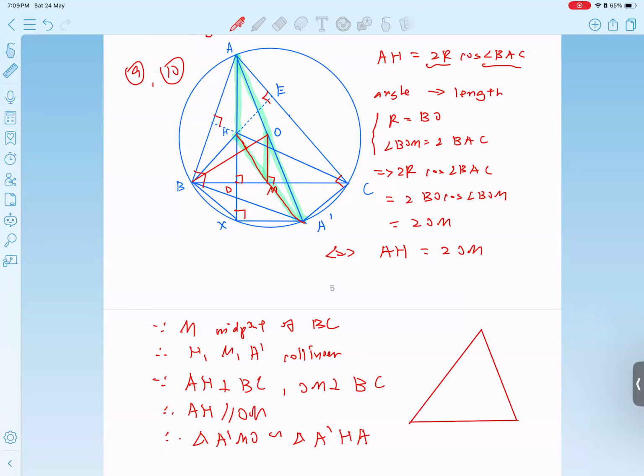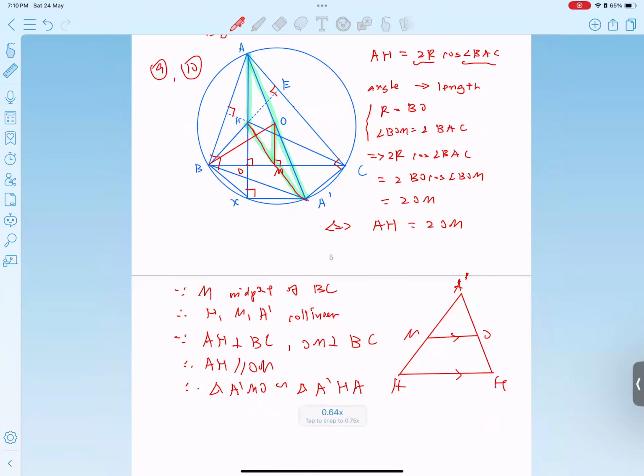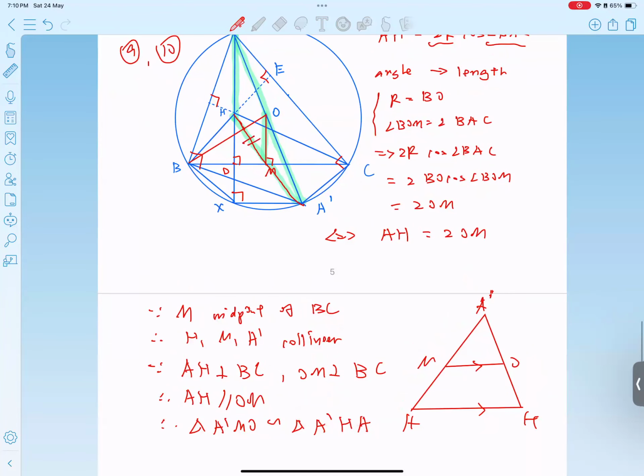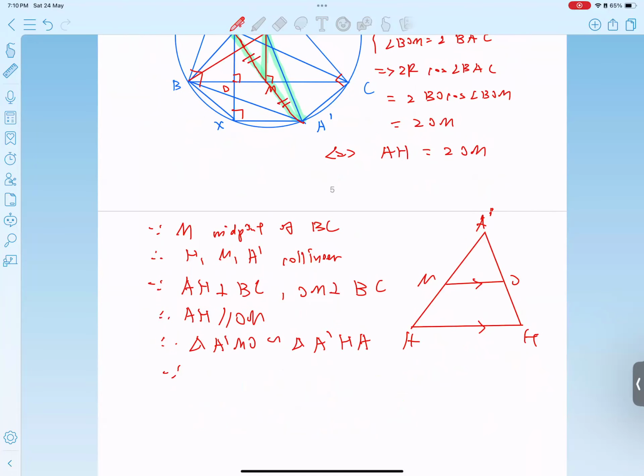So in this case, if you don't know why, AH and OM are parallel, so it's a homothety. And this case is very convenient for us because we know that HM is equal to MA dash, because the diagonals of a parallelogram bisect each other.